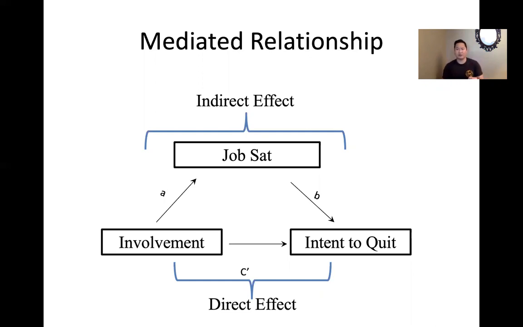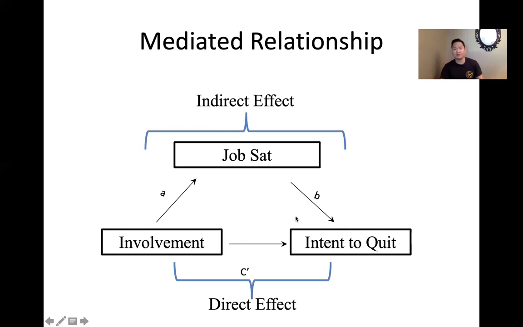So one way to think about this, and I know these are new terms, is A, B, and C are all basically regression coefficients. They're basically B weights. Involvement to satisfaction, that A is the regression between those.